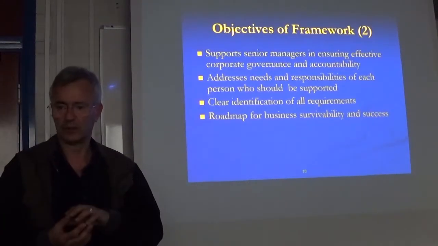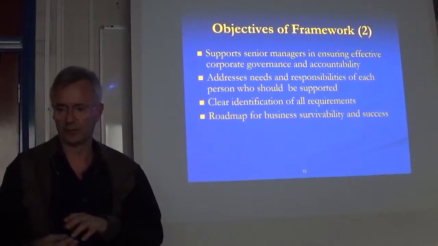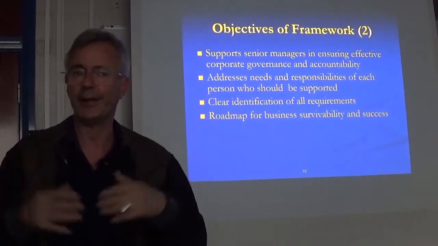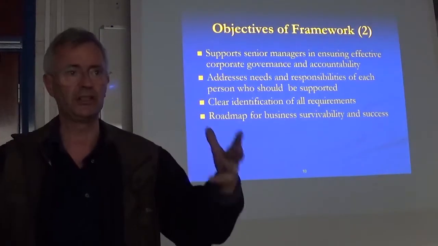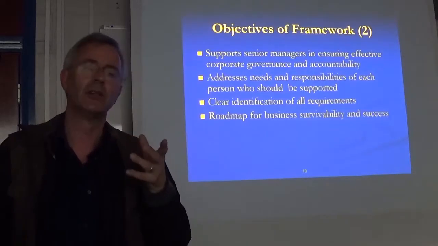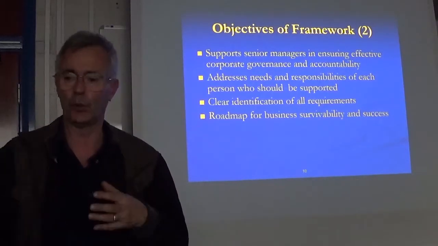So the framework helps to do that. It helps identify who has what responsibility in terms of operating and running and managing an organization, and who has the responsibilities to actually provide the technologies at what level.